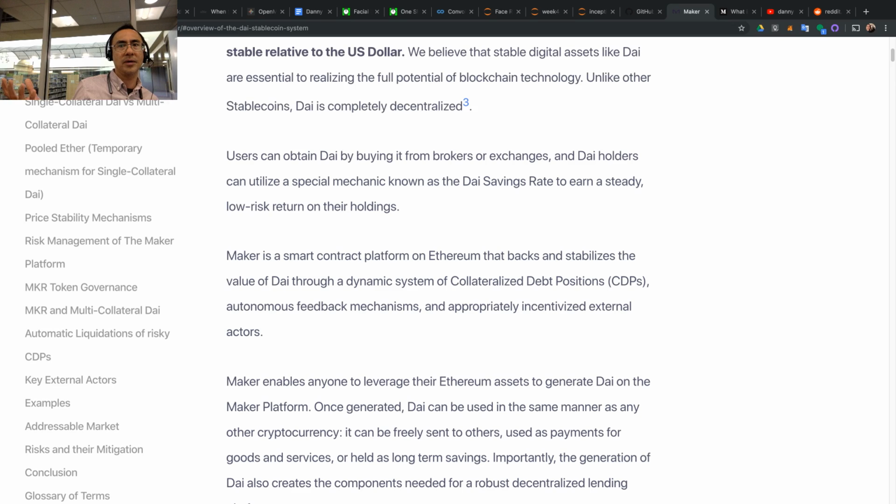If I don't do the collateralized debt using the CDP from Maker, then I would only gain through 1,000 US dollars worth of Bitcoin times two, so it's 2,000.